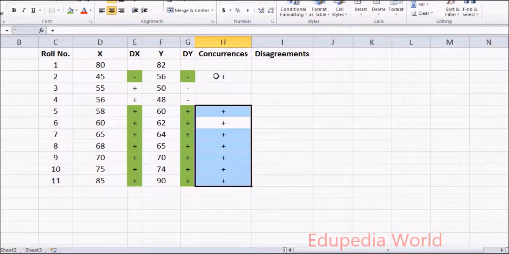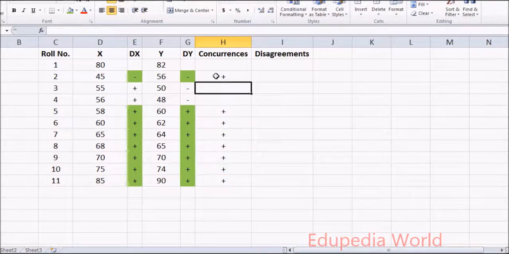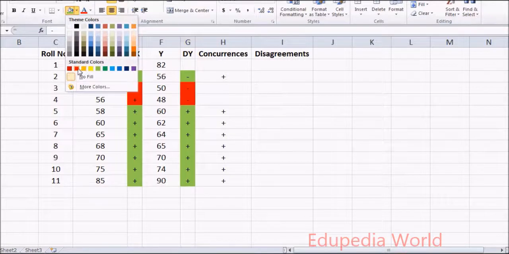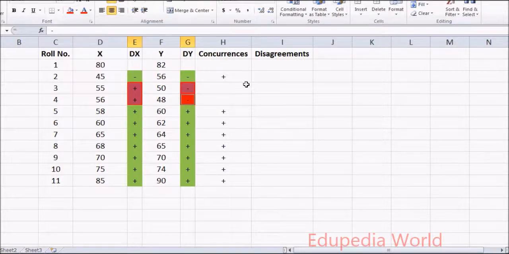The remaining ones, these two, are in disagreement, so let's mark these with a different color, and let's say that these are disagreements. These are to be denoted by a negative sign, these two.